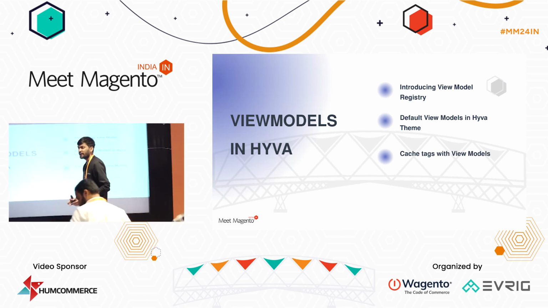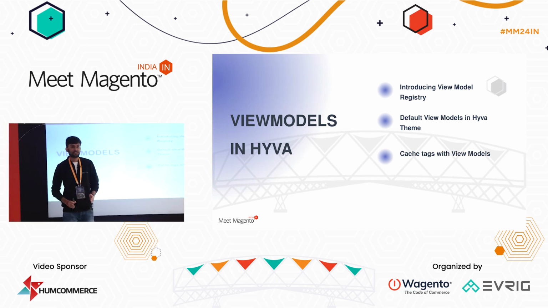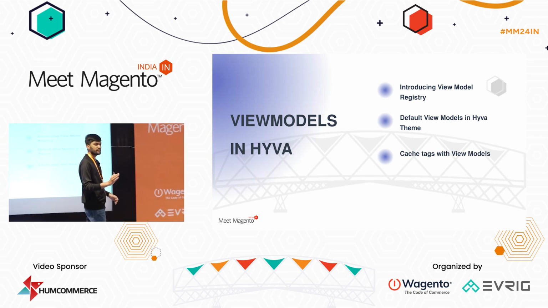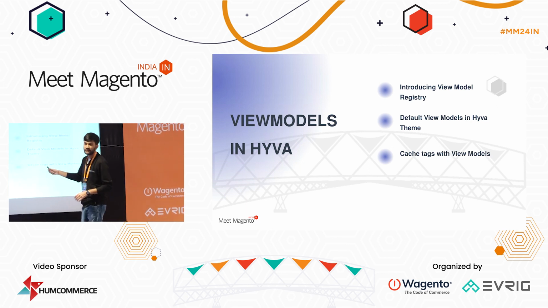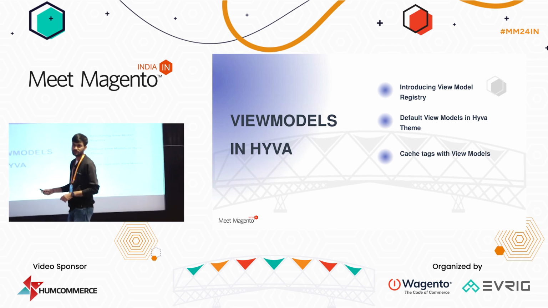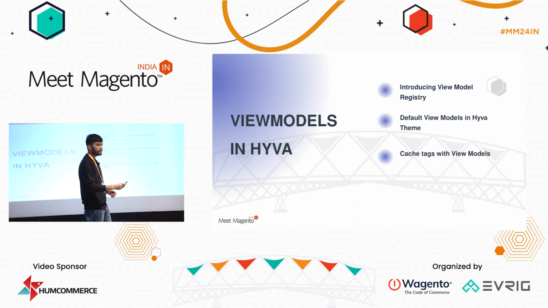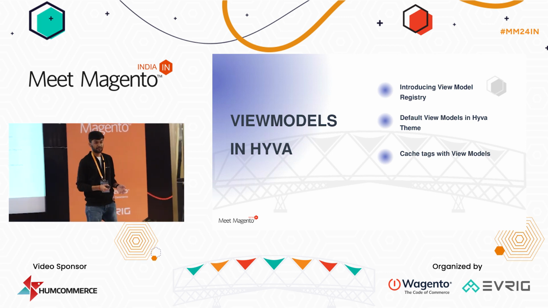This is changed in Hyvä. In Hyvä, they have introduced a view model registry in all the PHTML files by default. Just as blocks and escapers are available by default, now you can access the view model registry in each PHTML file by default also, right? So from that view model registry, you can easily access any view model you want.